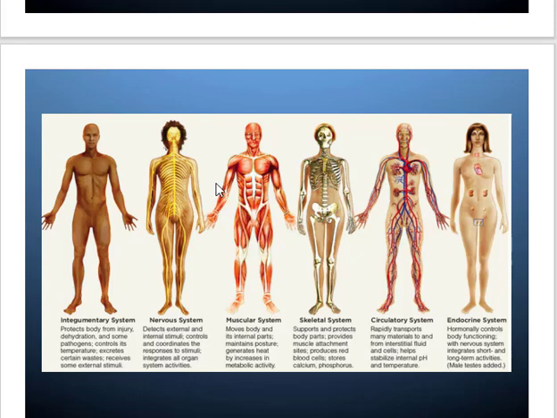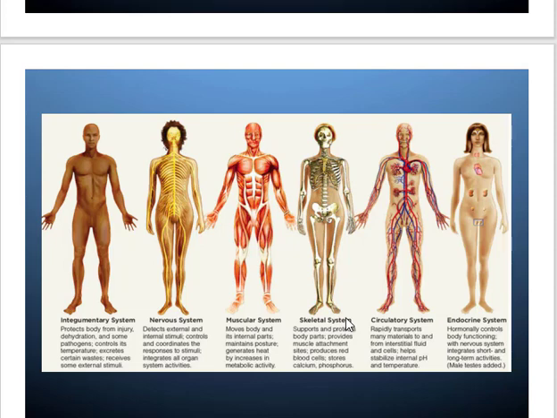The next two systems tend to work together a lot to help you produce any and all movements that you might want to do. So that would be your muscular system, but the muscles themselves aren't going to be able to make you move unless they pull on a bone, and that's what actually helps you to move. So your muscular system pulls on the bones of the skeletal system, and that's what helps you to move around.